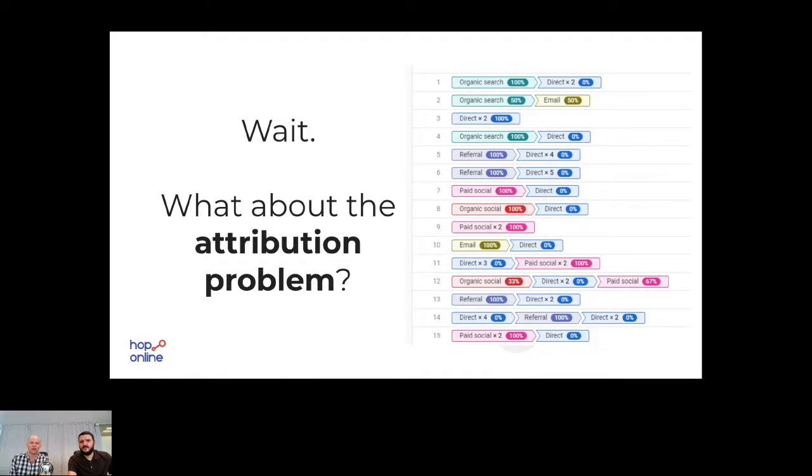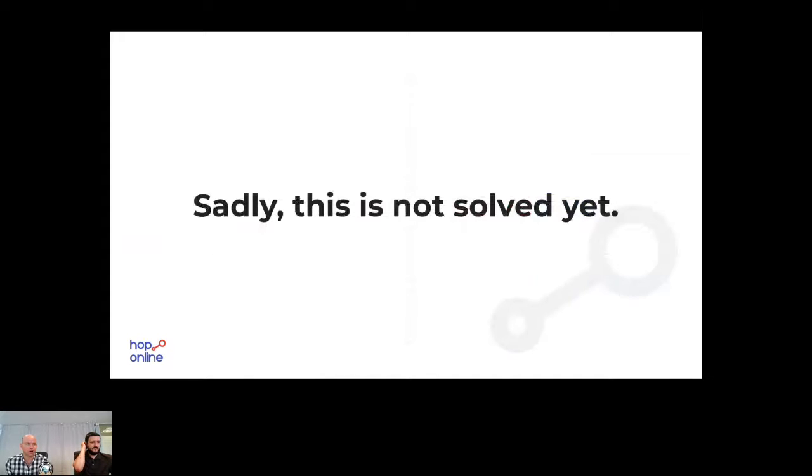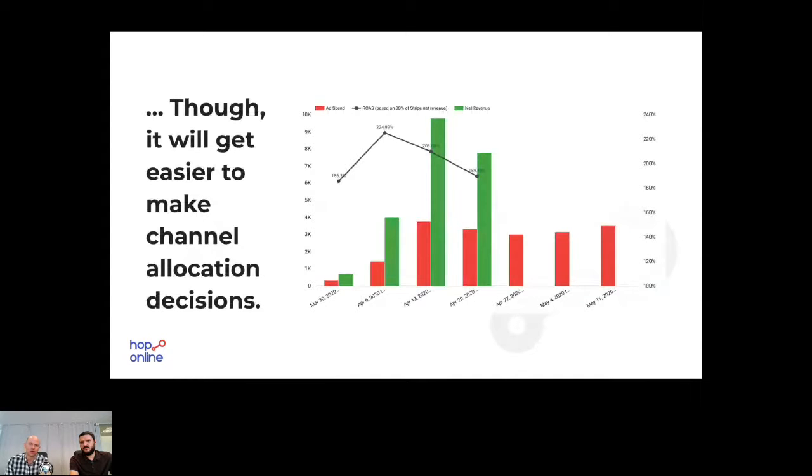And the attribution problem is not fully solved by this solution, but it is alleviated in some way, because when you have greater visibility into the return on ad spend and the true ROI of your marketing, then it makes it easier to actually make channel allocation testing decisions.